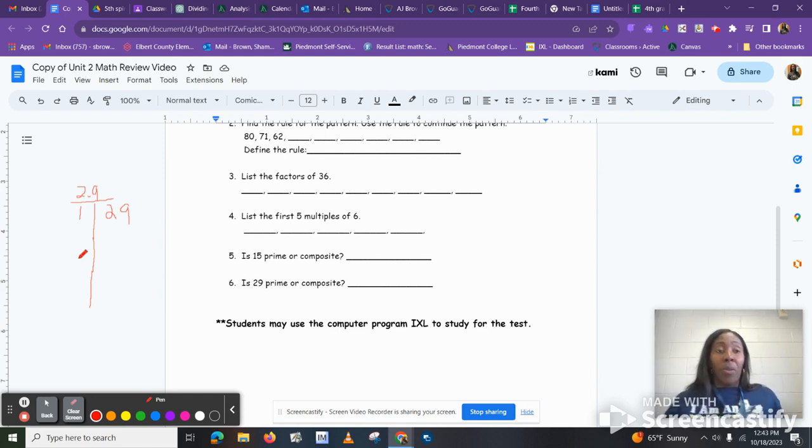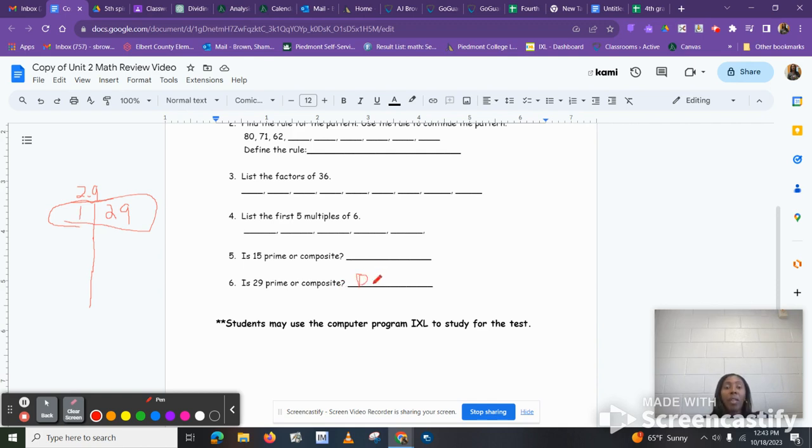So that's not going to work. 9. Can't multiply anything by 9 to get 29 either. 10, nope. 11, nope. 12, nope. So to me, it looks like 29 only has one set of factors. So that means 29 is prime.